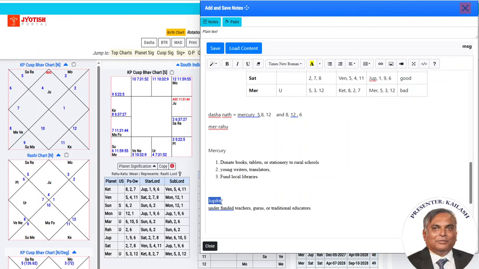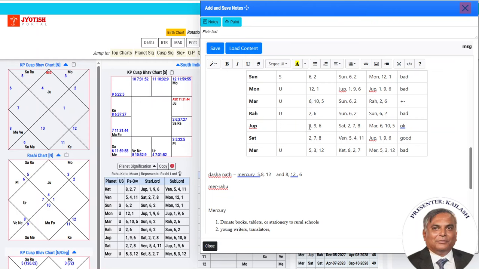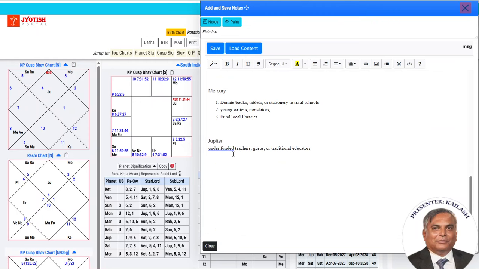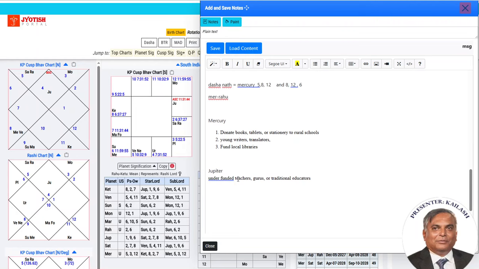And for Jupiter, why Jupiter? Because I mentioned that Jupiter is indicating a 1-9. So it indicates divine or providential help. So Jupiter indicates the teacher, guru, or the traditional educators.